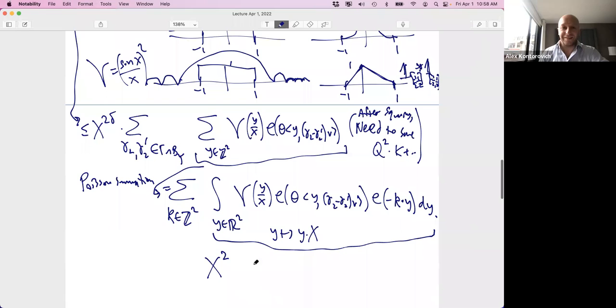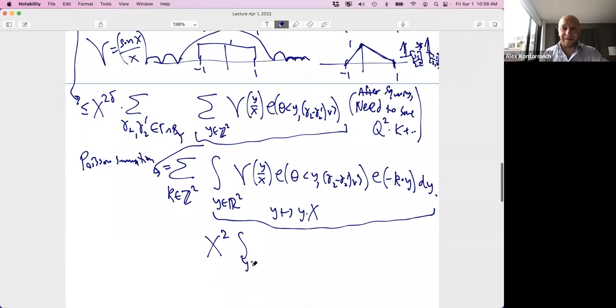And then, okay, let's not do too much at once. Let me rewrite it again. Y in R^2. Now I have upsilon of y. And now I have an exponential sum. E of, let's see, minus k dot, this has been multiplied by x, dot y dy.